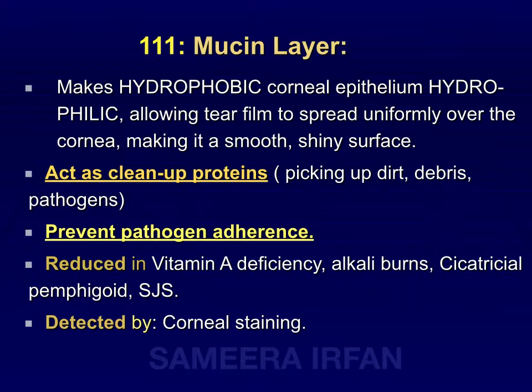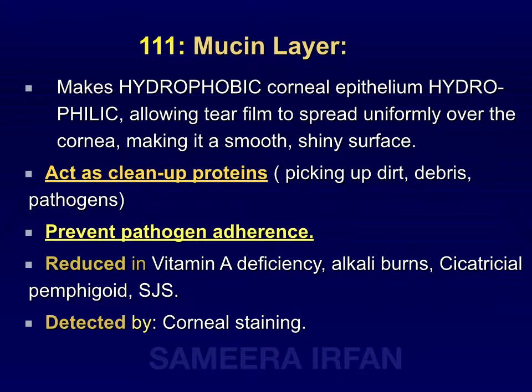They pick up the dirt, debris, or any pathogen that lands onto the ocular surface, they engulf these bacteria as well as any debris, coat them, and then with the outpouring of the aqueous component of the tear film, the whole bug covered over by the mucins is washed out of the eye.